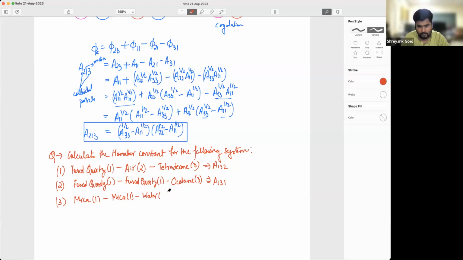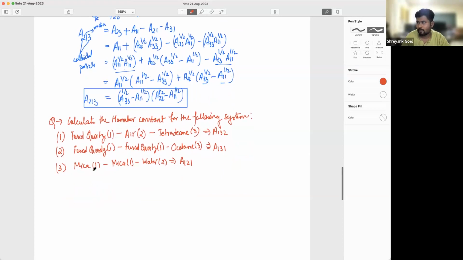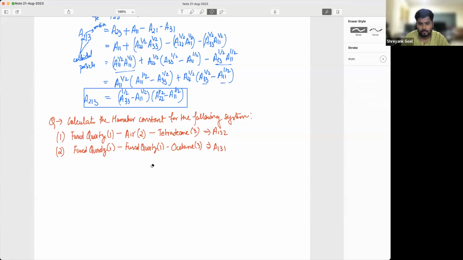So given that for the case of... so let's take A11 as given as 6.5 into 10 to the minus 20.